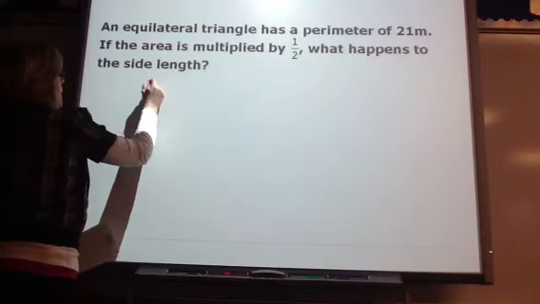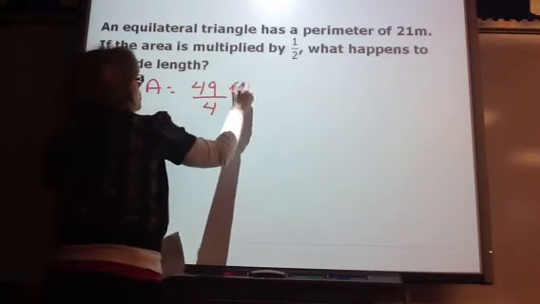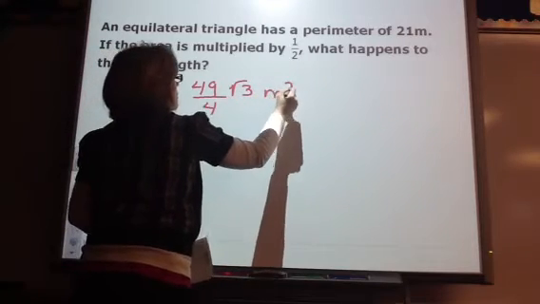Okay, so for the area, we had 49/4 square root of 3 meters squared.